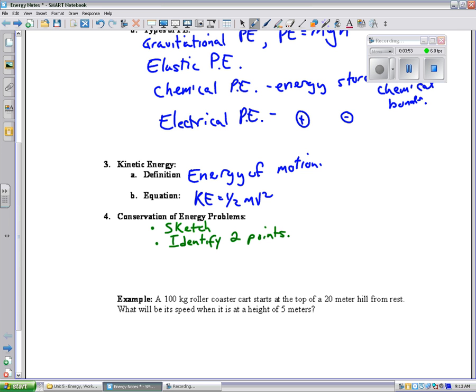We're going to pick two positions that we're going to compare the energies for. Find PE and KE at all points. And then set E total equal to E total.